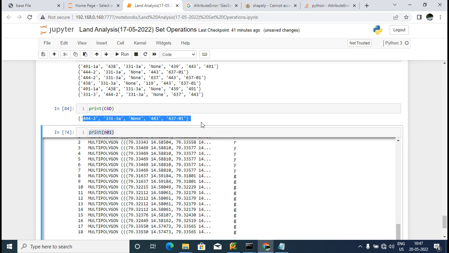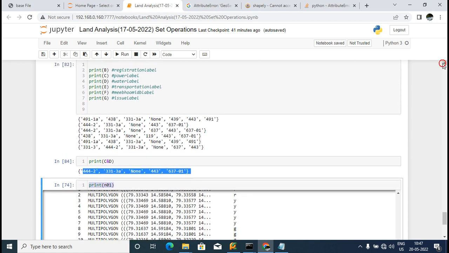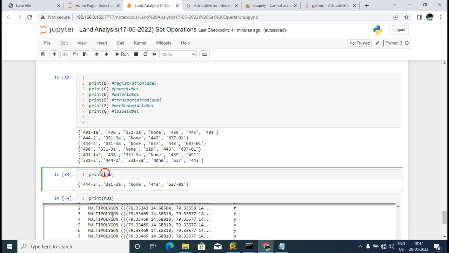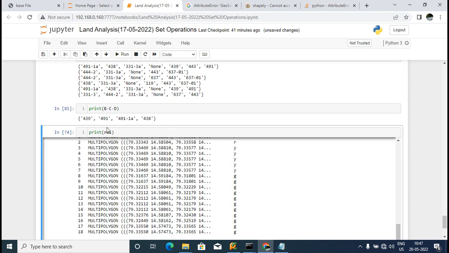Suppose water is available, but power is not. Suppose data is registered, but water is not available and power is also not available. In such cases we observed that this survey number is not utilized for agriculture needs. This land is cultivated only in rainy seasons.